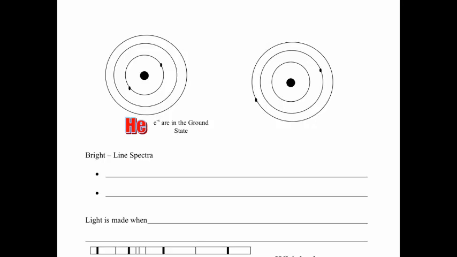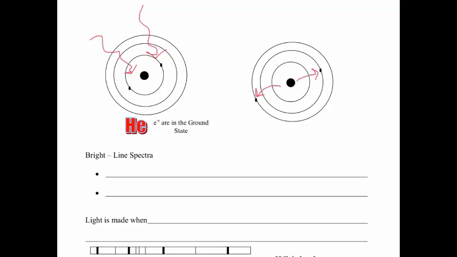What could happen is that energy could be absorbed by those electrons. So if we get this all excited and have it absorb some energy, those electrons will actually jump up to higher energy levels. There's a few different ways you can excite electrons.